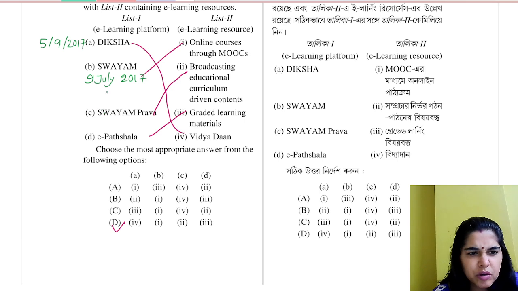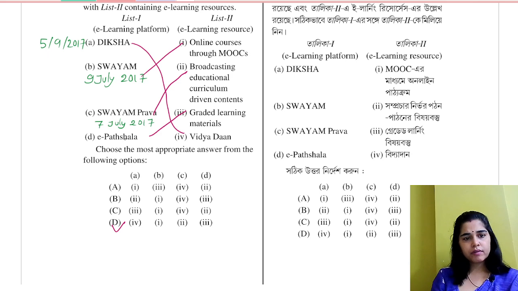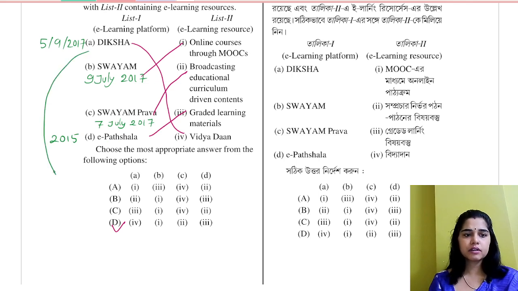Who's bigger, Swayam or Swayam Prabha? 9 July. I think Swayam Prabha is bigger. 7 July. And when will this come? ePathshala, it's 2015. What is the full form of Diksha?